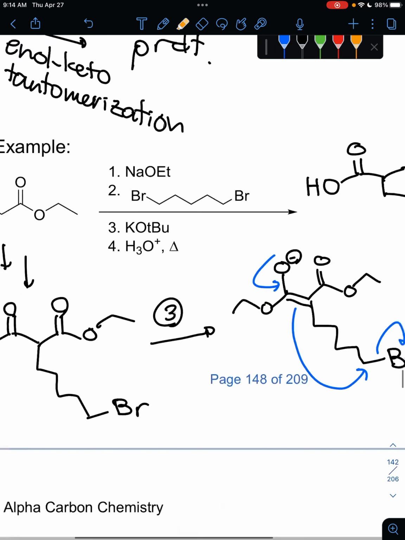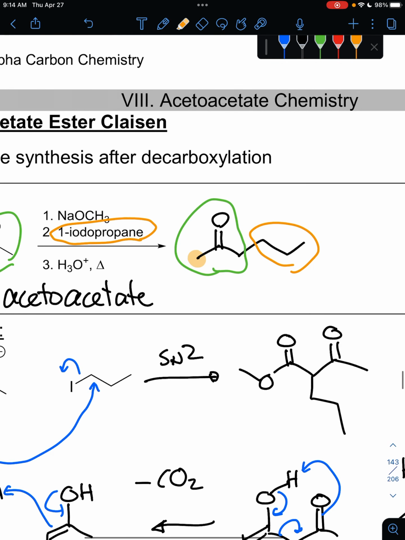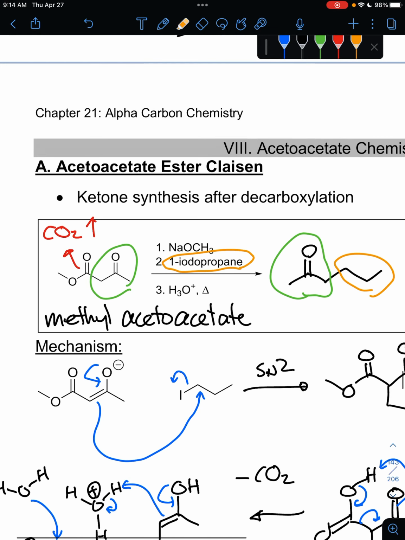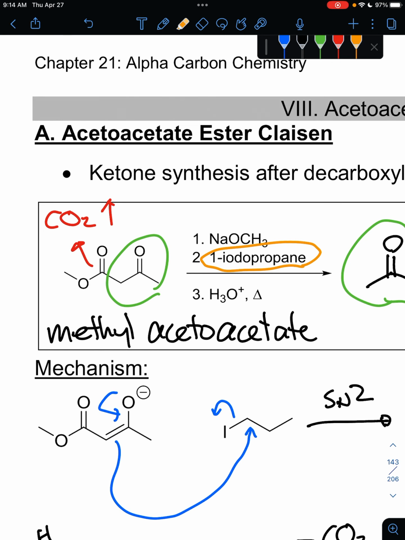The equivalent atom here that I just highlighted is now a carbon, so you end up with a ketone. So malonate chemistry was a good chemistry to make carboxylic acids with. Acetoacetate Claisen reactions are good chemistry to make different ketones with. So that's the only difference here.